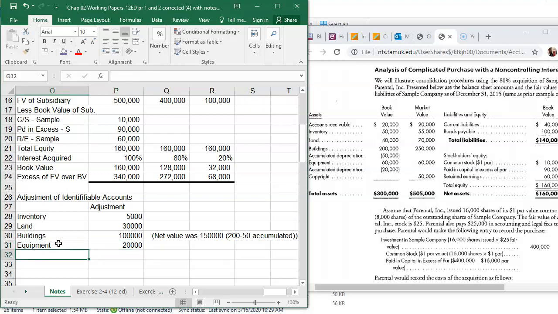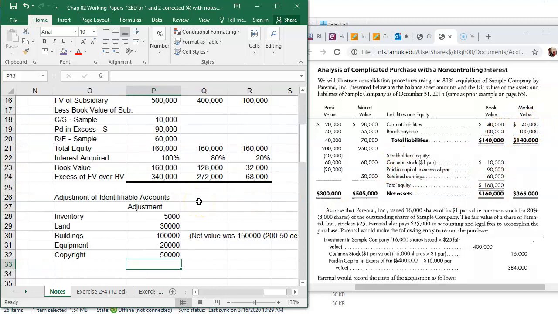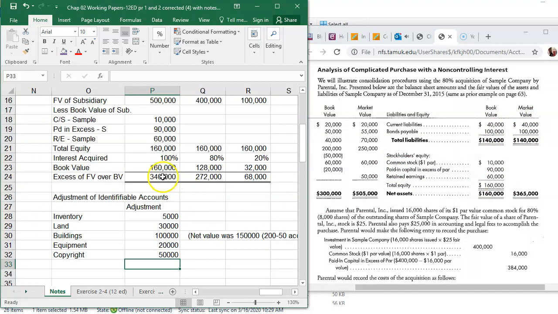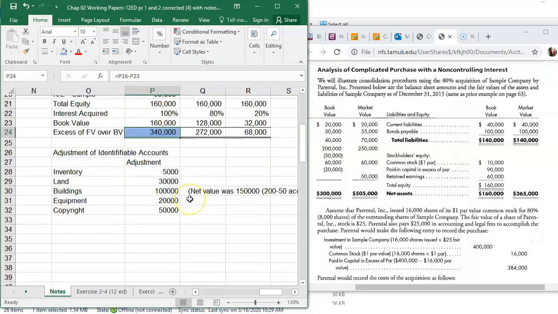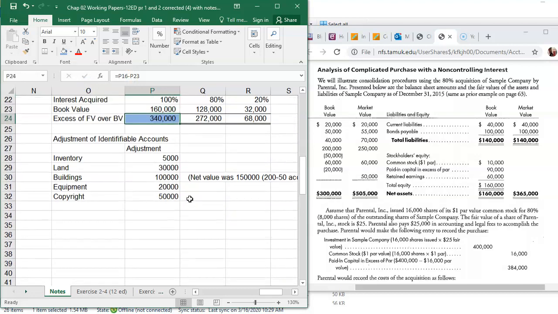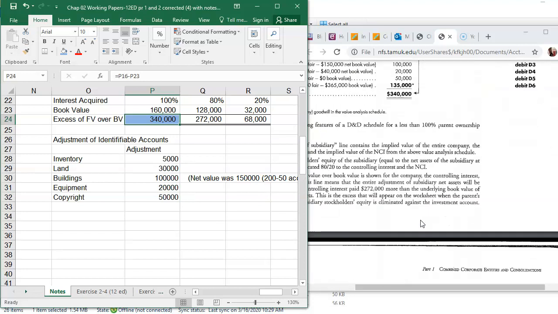Alright, and then I need to put in a copyright. And do you have anything over here? No, the liabilities stayed the same, so that's good. All right, now we know from earlier, we're trying to get to this number right here, this 340.